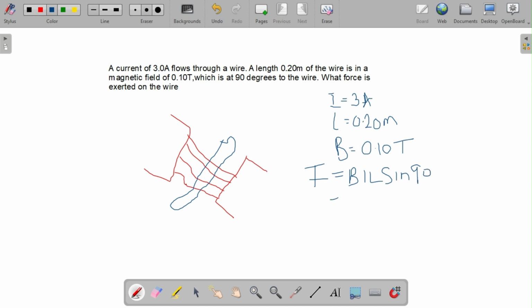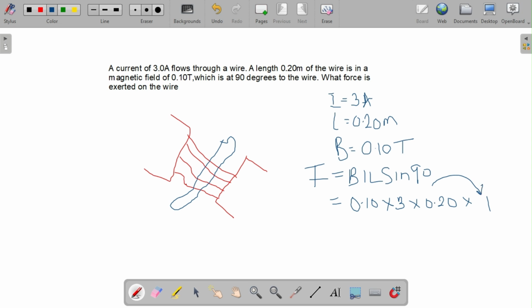Don't forget that your B is 0.1 Tesla, your current is 3 amps, your length is 0.2 meters, and sine 90 gives me 1.